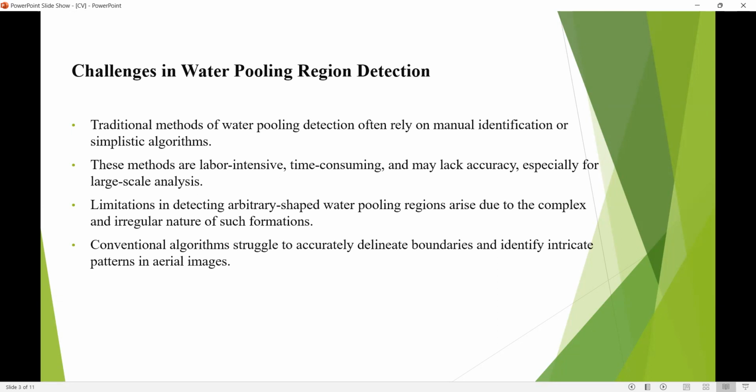There are some challenges in water pooling region detection. The traditional methods of water pooling detection often rely on manual identification or simplistic algorithms. In the previous algorithms, we have to identify the water pooling regions manually or by using simplistic algorithms.